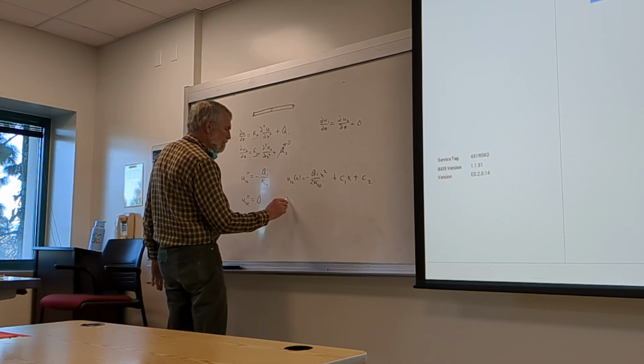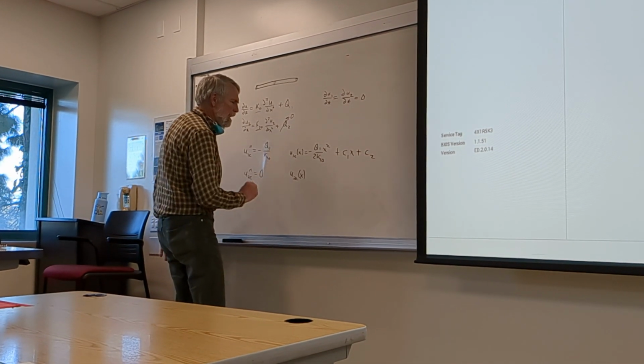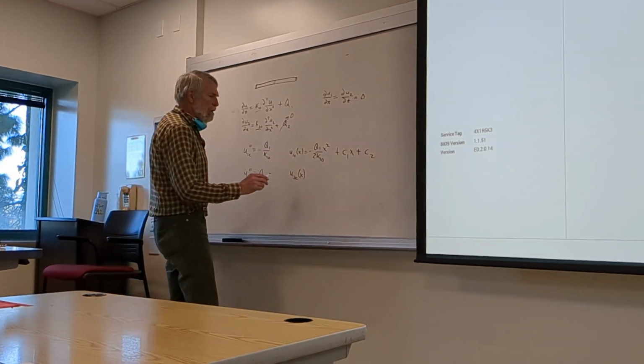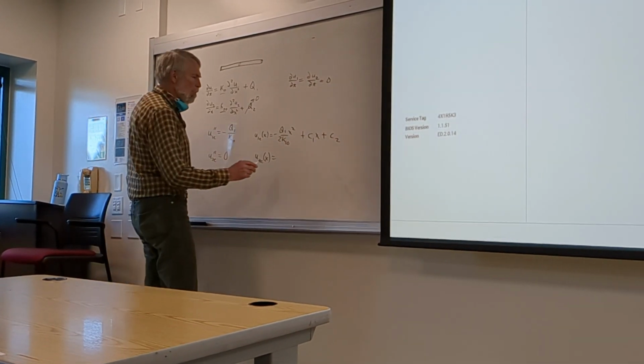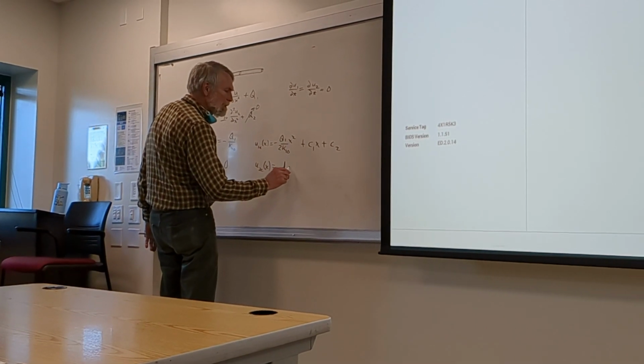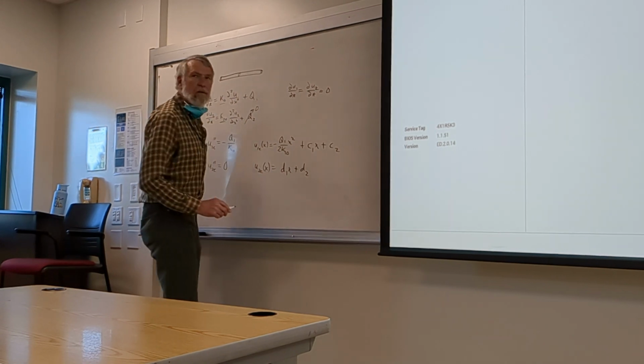And for the other one, the equilibrium is just going to be a linear function, since the second derivative is equal to 0. So this one has new constants, D1 X plus D2 there.